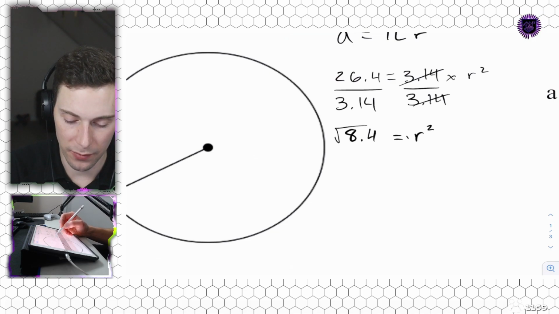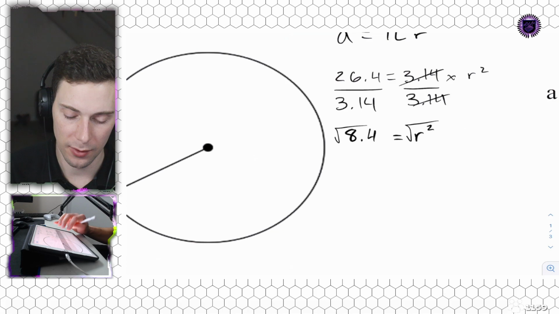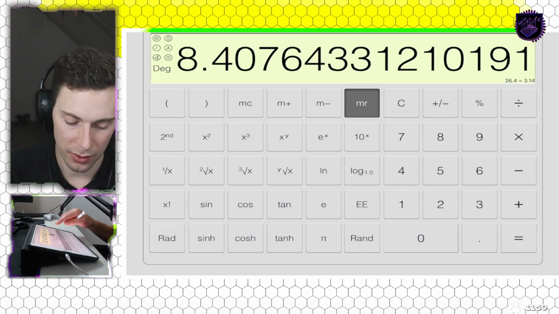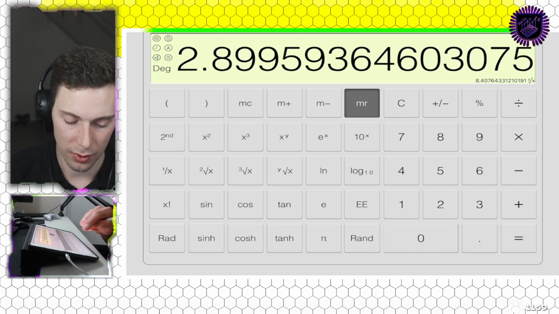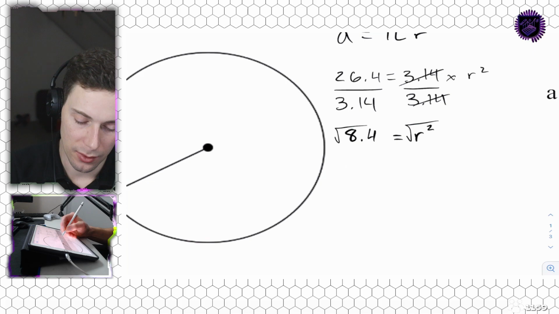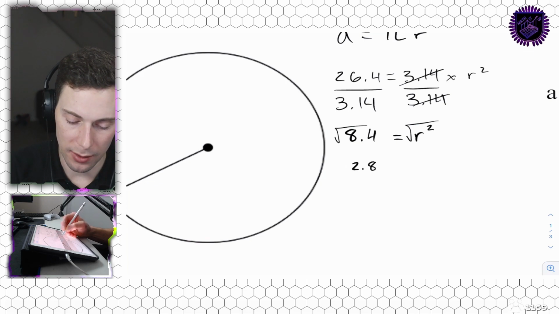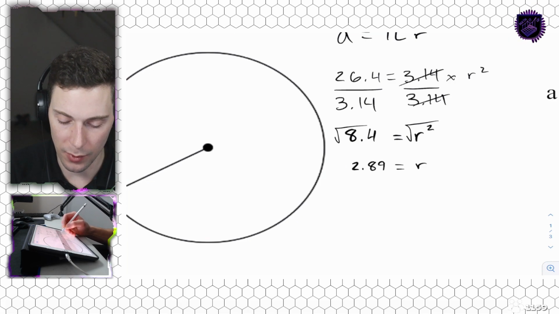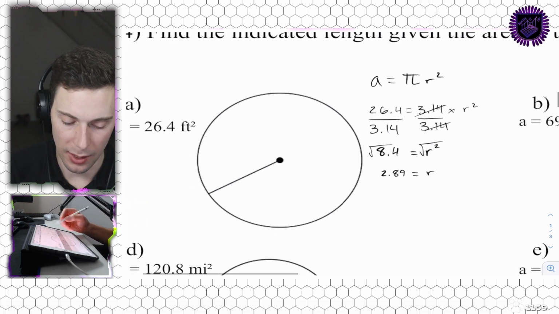So then we want to find the square root on both sides. The square root of 8.4 is 2.899. 2.89 is equal to radius, and that's feet.